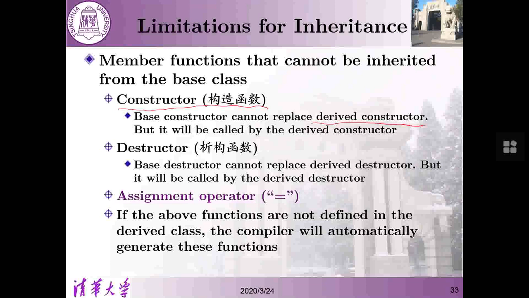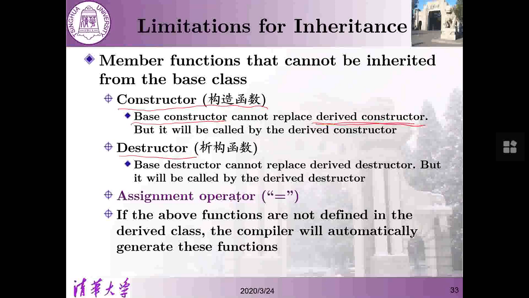There's no way to do that. So this means we do not inherit this constructor. Okay, it doesn't mean that we cannot call the base constructor. We can still call the base constructor, but we cannot use it directly as a derived constructor. Similarly for the destructor, we cannot directly use it for derived objects.